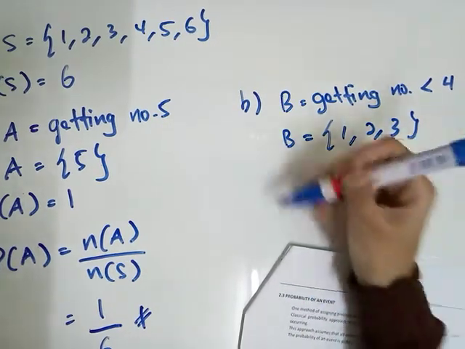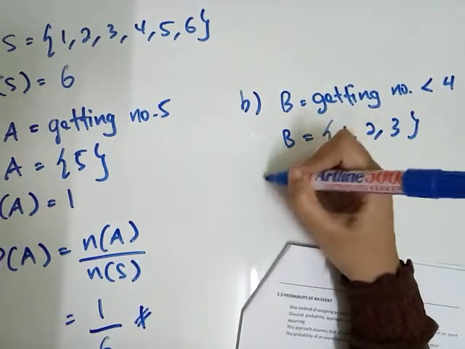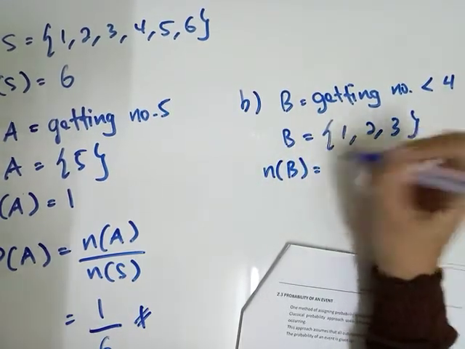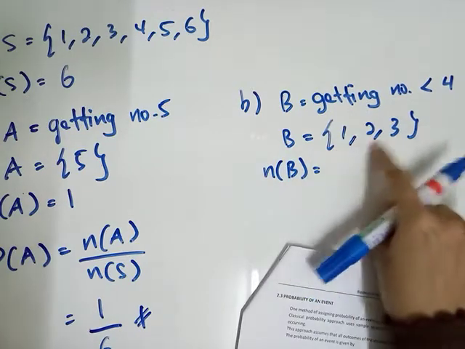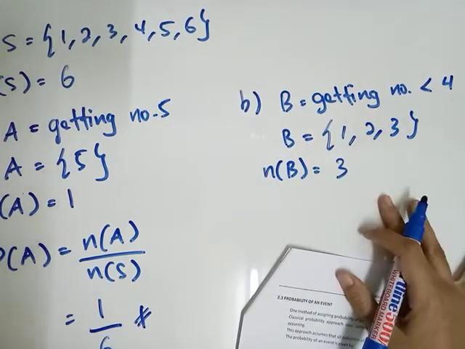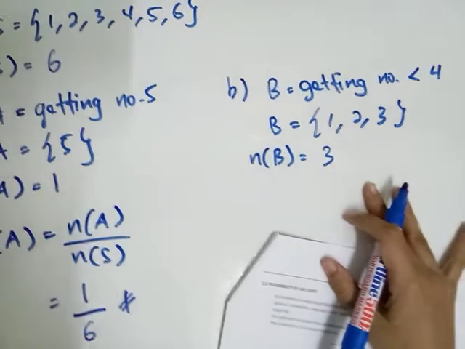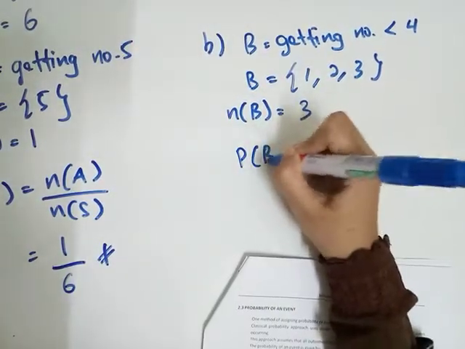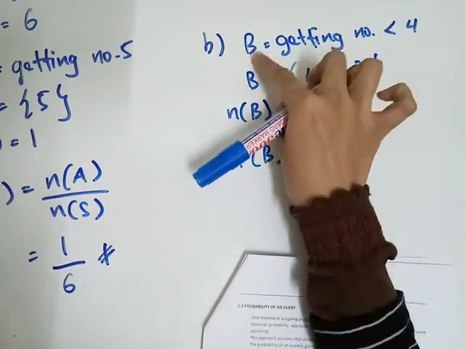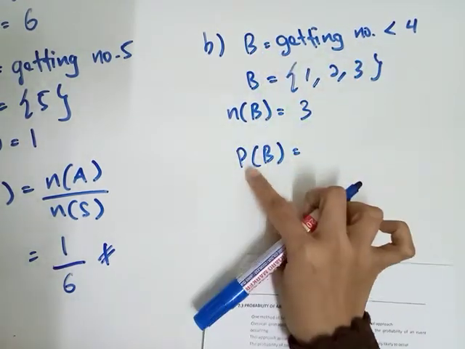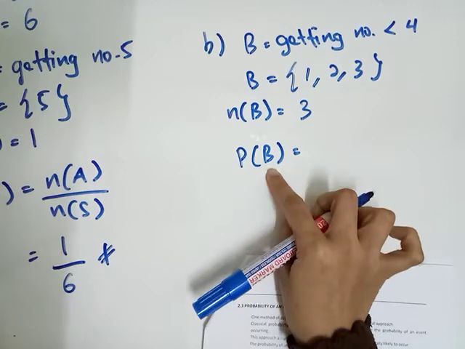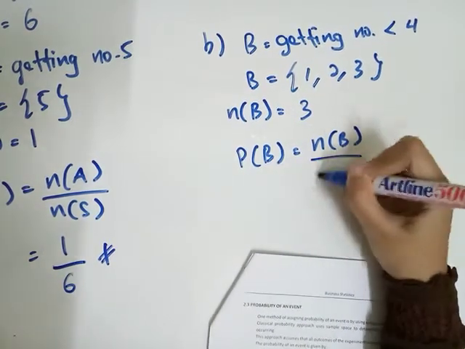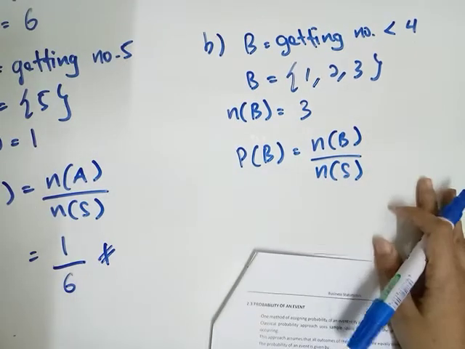How many elements in set B? The number of element in set B is 1, 2, 3. So 3 elements. And then barulah kita boleh cari probability dia. Probability of set B, sebab kita dah letkan sebagai B. So probability of set B equals to the number of element in set B over the number of element in sample space.